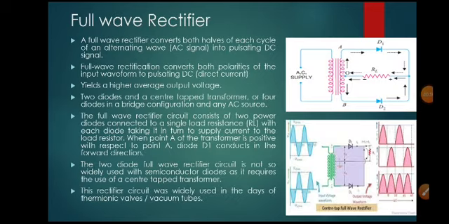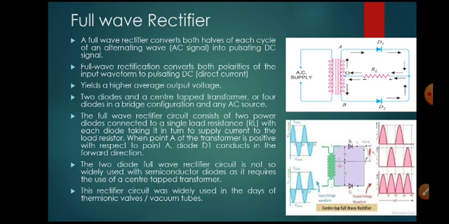Full wave rectifier is of two types. One is with a single load resistance, another one is a bridge type. The full wave rectifier converts both halves of each cycle of alternating current (AC) into pulsating DC currents.